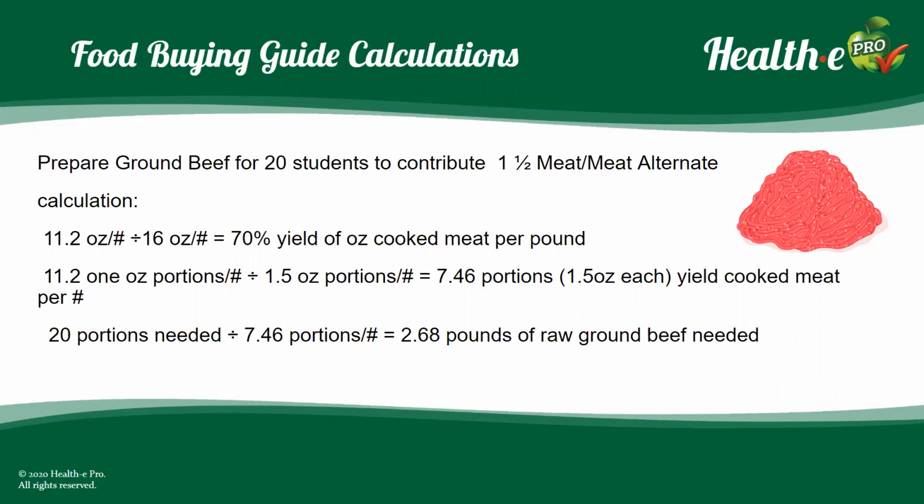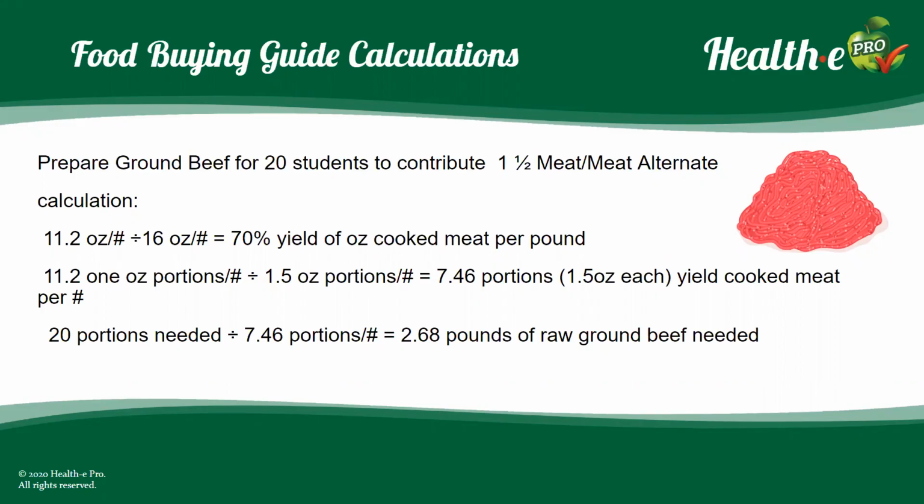Then we need to translate the portion size if it's different from what the portion shows in the food buying guide. We are looking for 1.5 meat alternate portion versus a single meat alternate portion from the buying guide. So in this case, we divide the 11.2 ounces by 1.5 portions. That changes the yield to 7.48 1.5 ounce portions.